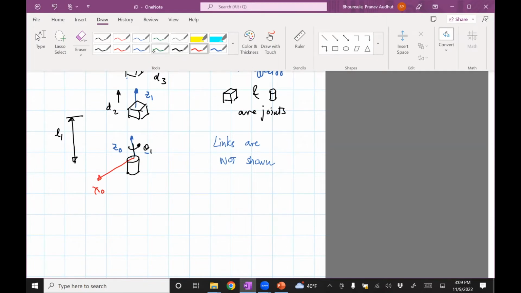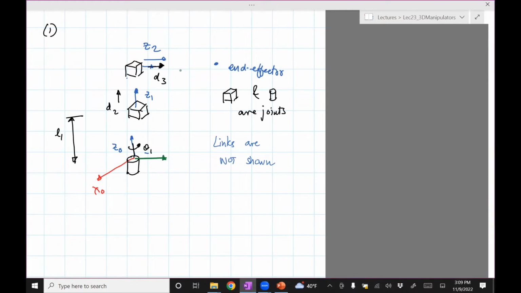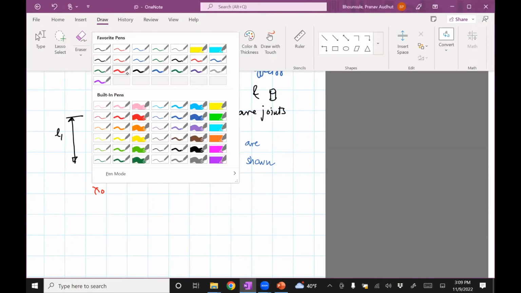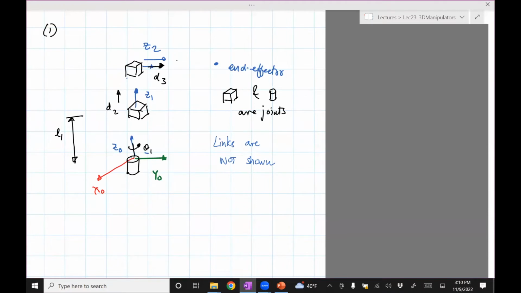And then the final one is Y, that would be at right angles to X0 and Z0 such that it follows the right hand rule. Okay, so 1a is done, 1b is done.